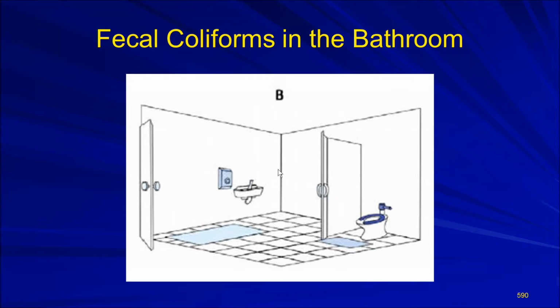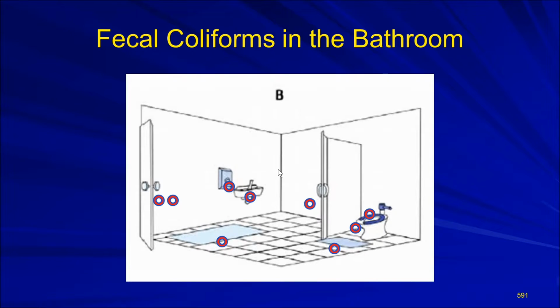So what surfaces do you think were contaminated with these fecal bacteria? Possibly the toilet or the floor? Well, it turns out that these fecal bacteria were found to a varying degree on many bathroom surfaces.